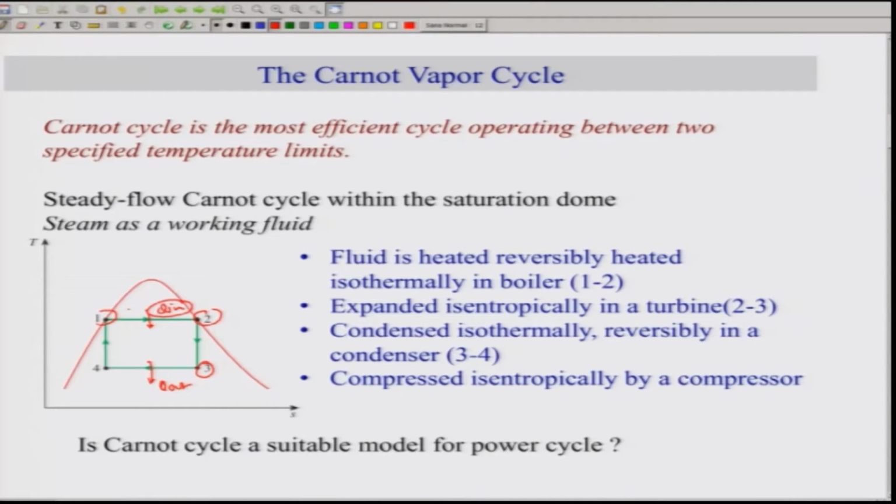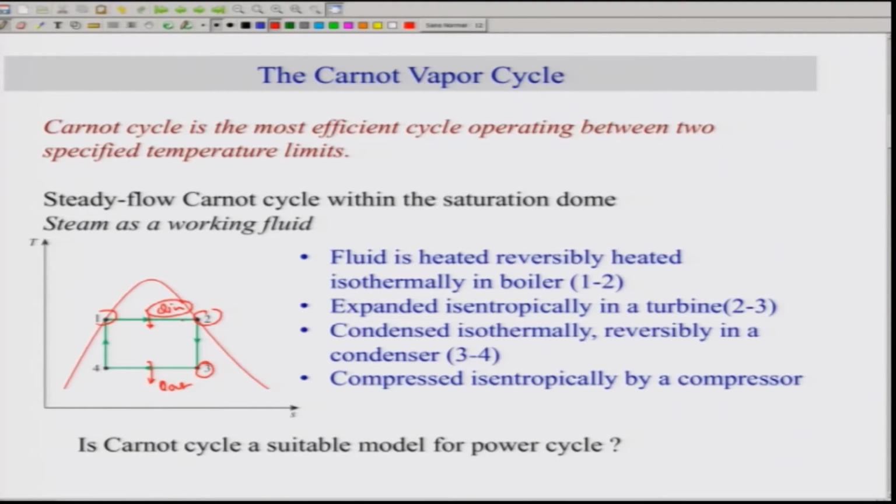Thus it limits the maximum temperature one can use in a saturated dome, as in the case we have demonstrated here. And we know that the efficiency of a cycle increases if you increase the temperature at which heat is being supplied. So this limits the temperature at which we can use a Carnot cycle.